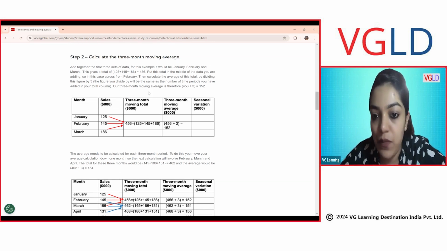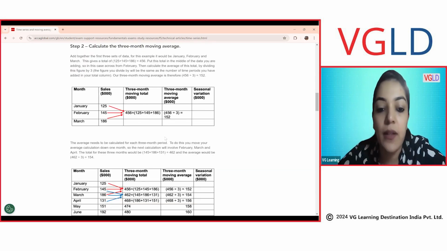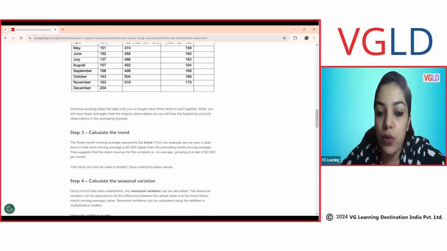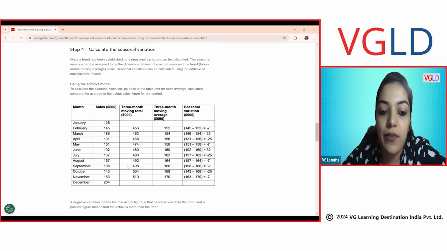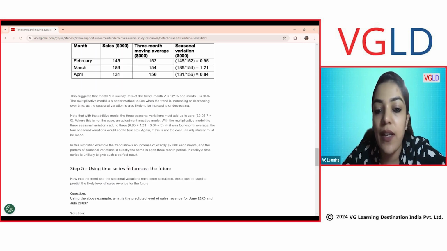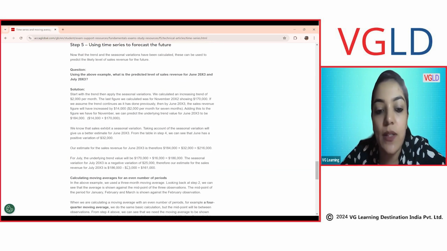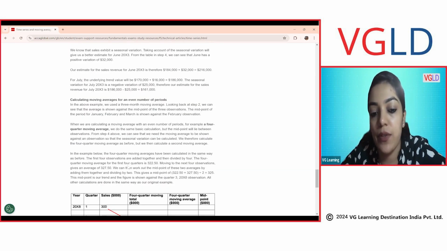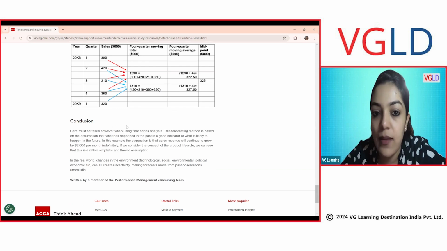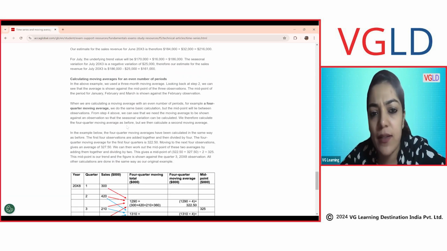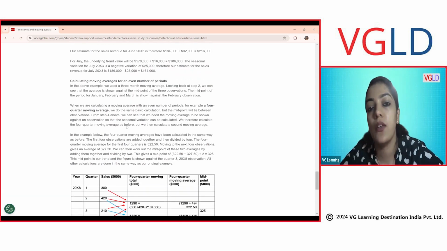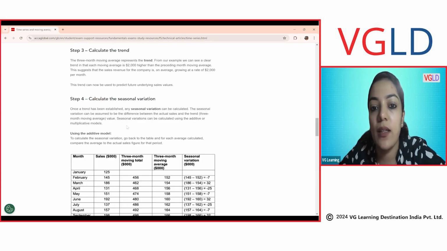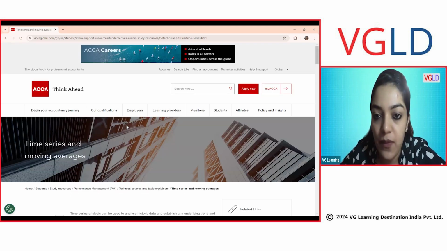So, very detailed. What I would be telling you in class, again, all of that is written word by word, and you can go through it, calculate the trend, the seasonal variation, what it means. So, it's a very good article that will give you an in-depth understanding of the topic. Such length, lot of examples, and very, very simple, lucid language that you can read to understand in much more detail.